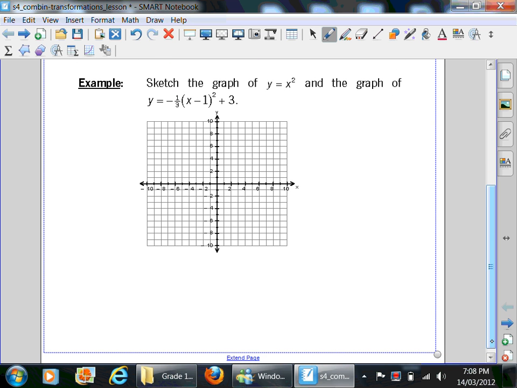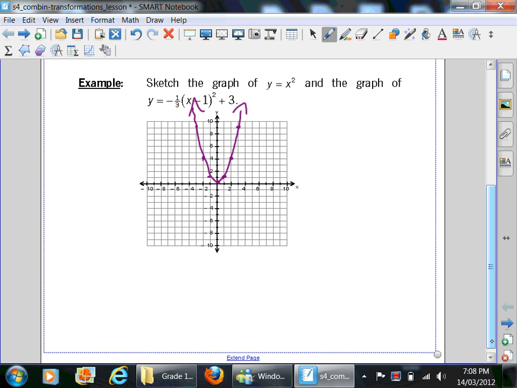This is just nice and straightforward, right? 1 and 1, 2 and 4, 3 and 9, and there we go. There's y equals x squared. Just our lovely quadratic that we have.